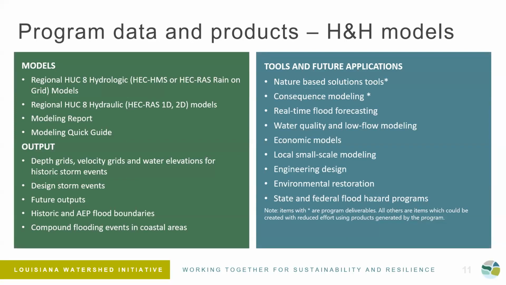Some of the outputs we're looking at, as we mentioned, are depth grids, velocity grids, water surface elevations. Right now, we're building these on historic storms. We're calibrating and validating to historic storms. So you get through calibration, you take your first set of storms, you tweak them, and you say, okay, now we've got this model, we've turned the knobs where it's following these 5 storms pretty closely.